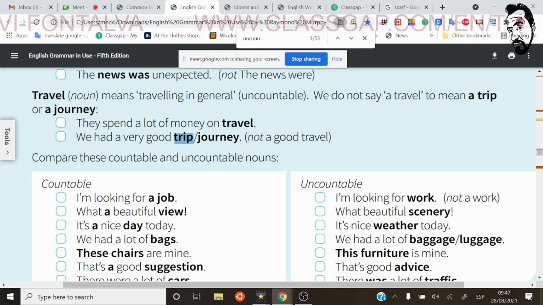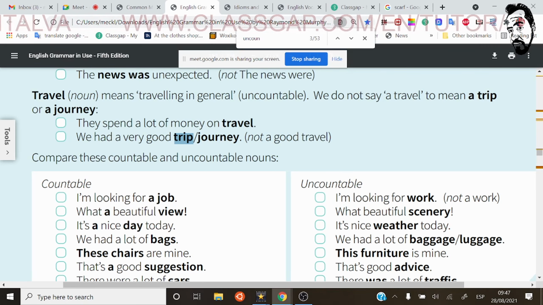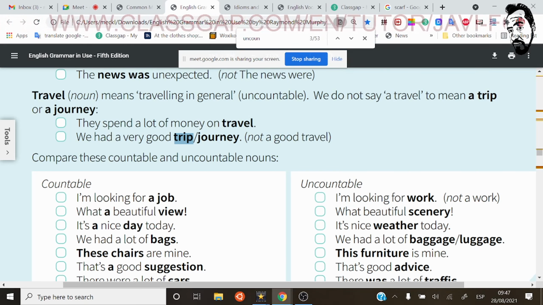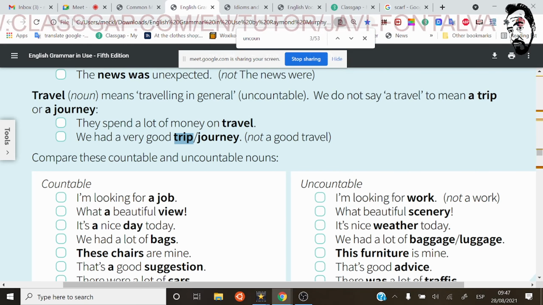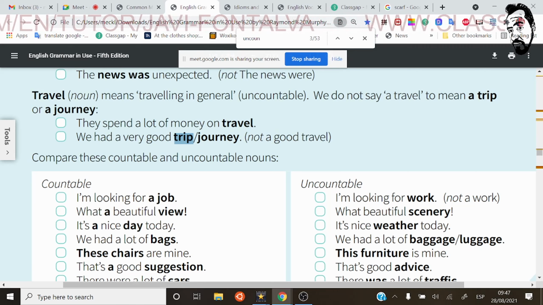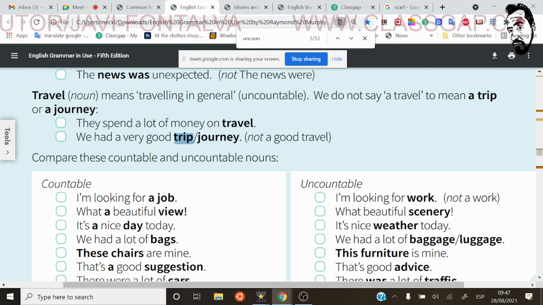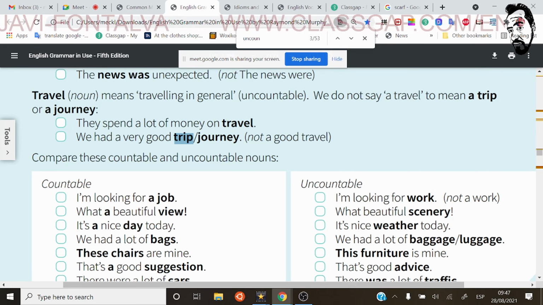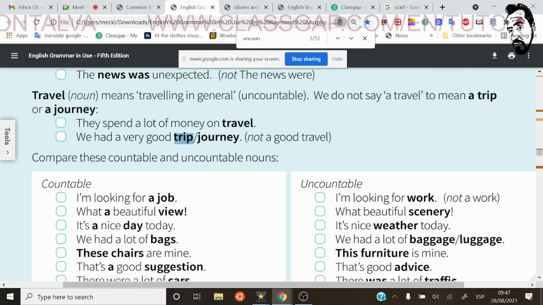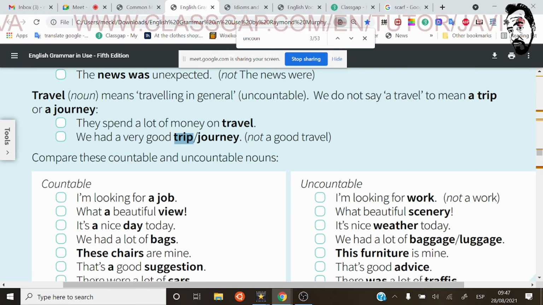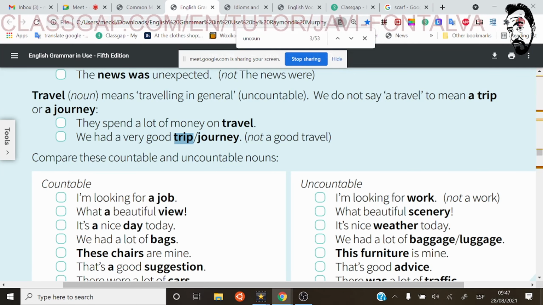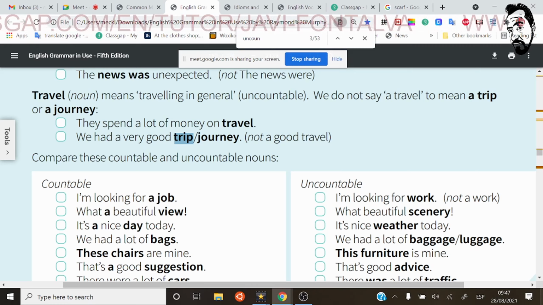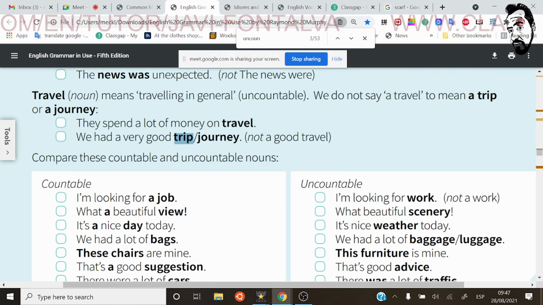I had a 2-hour journey. Or I had a good journey on the plane. Or I had a good journey on the train. But can I say I had a good trip on the plane? No, because trip means the whole experience. If I talk about a trip to Paris, I mean everything: the time spent on the plane, the coffee I had at the restaurant, everything I did there.